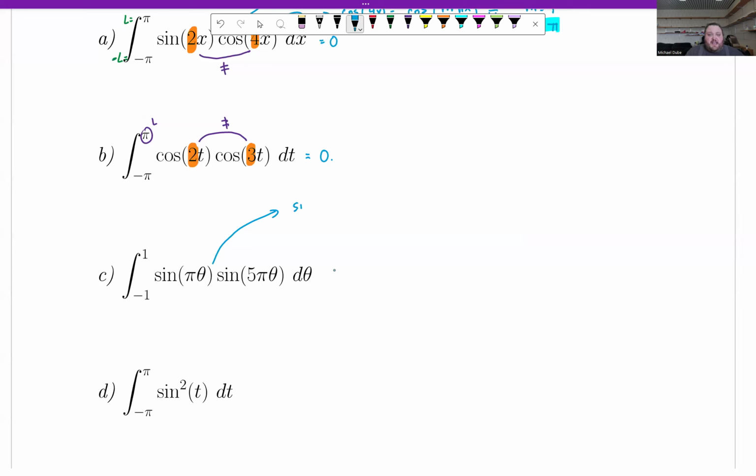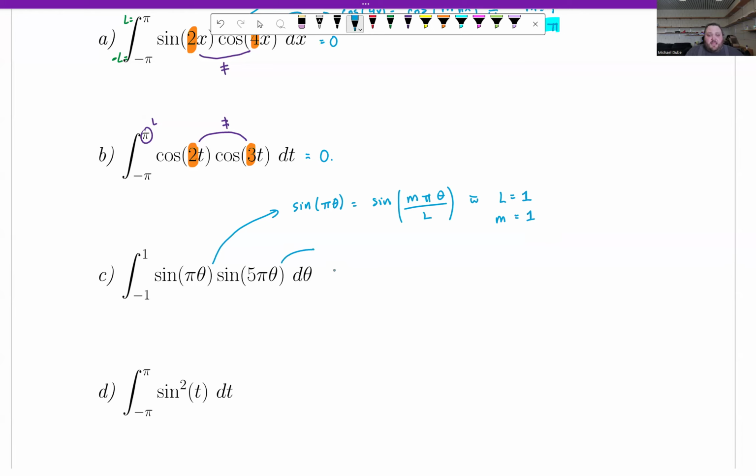Okay, let's look here. If we have sine of pi theta, and we want to make this equal to sine of m pi theta over L, well then L is equal to 1, right? So we'll get rid of that 1 there, and m is also equal to 1.